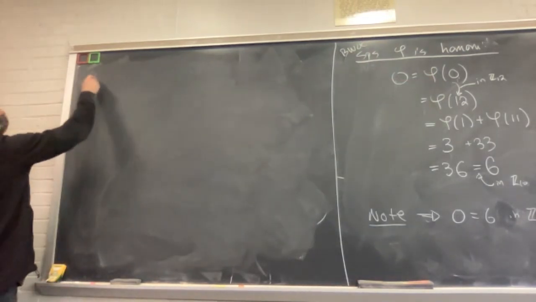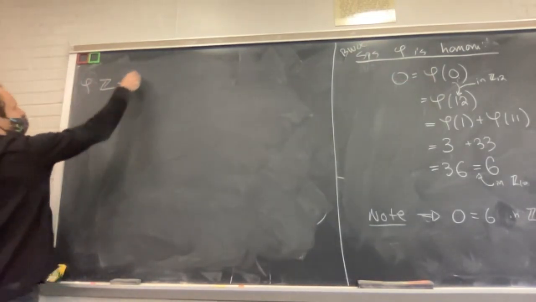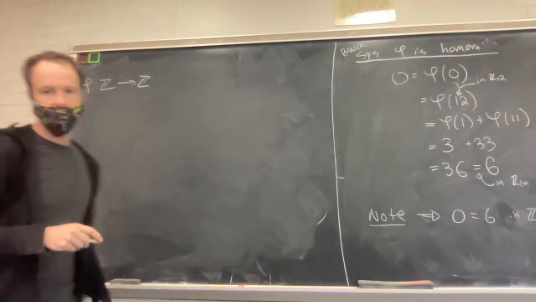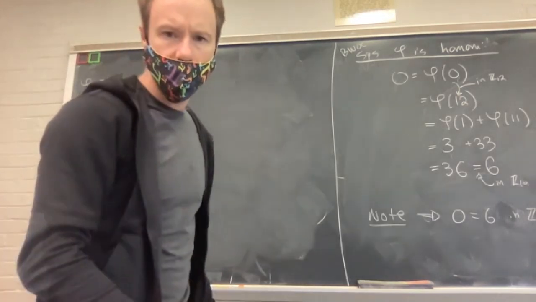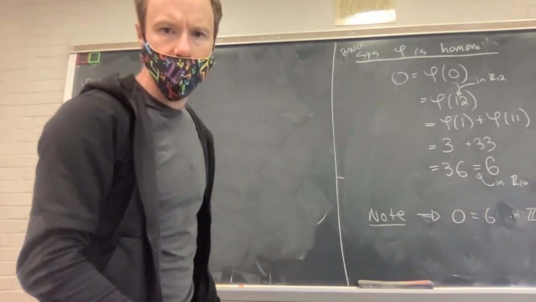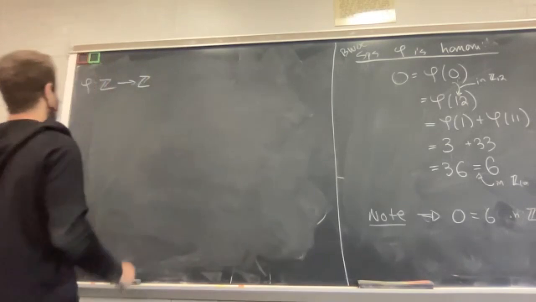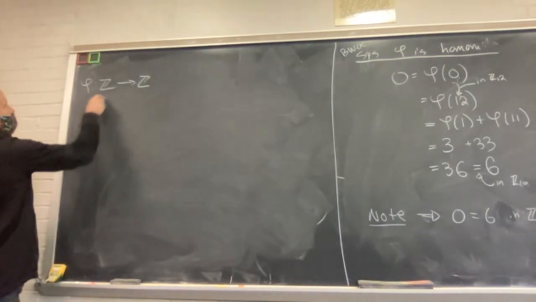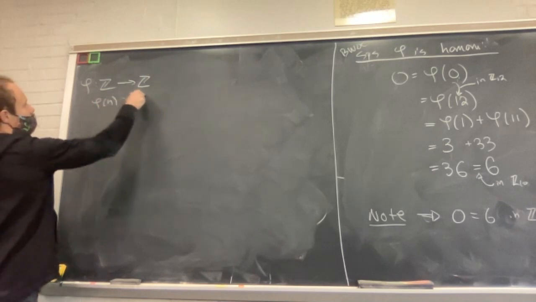I'm going to slightly generalize it. Let's say we've got this map from Z to Z, phi of n equals 7n.